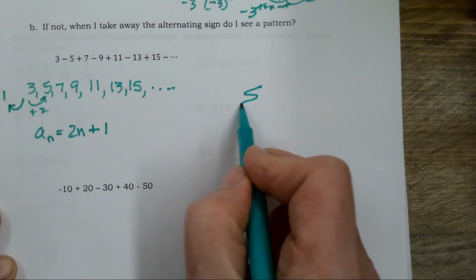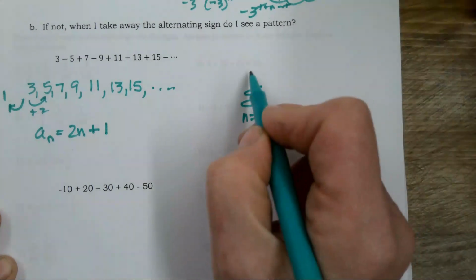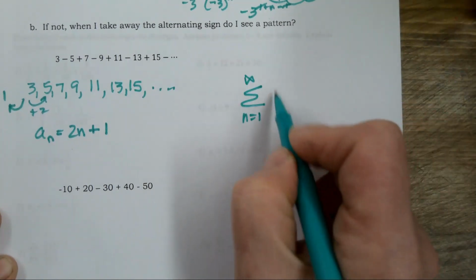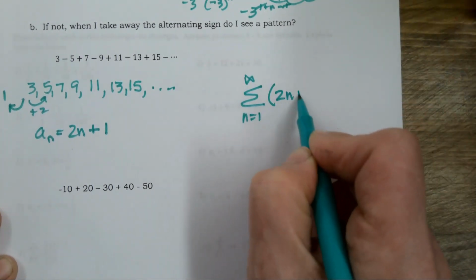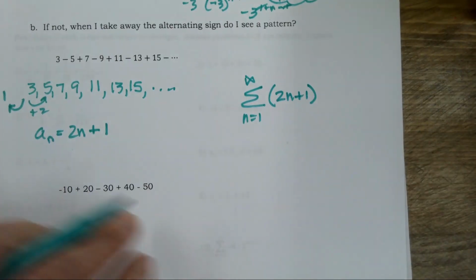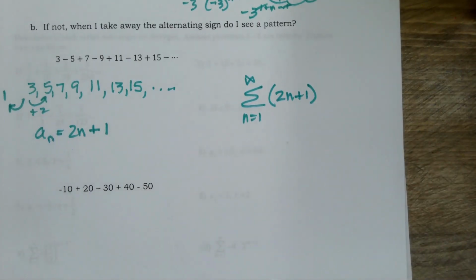So when I set up my sigma notation, this is to infinity. I will start with 2n plus 1. I'm going to put it in parentheses because that's what's going to generate the number part of it. Now, what's going to generate the sign part of it? What do I multiply a positive number by in order to make it negative? -1.